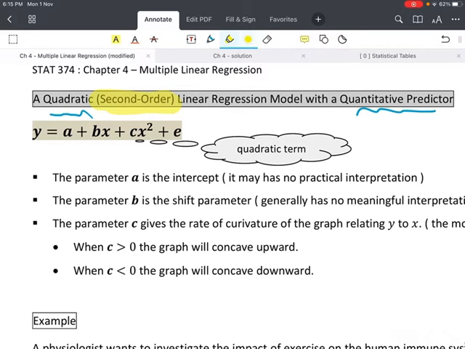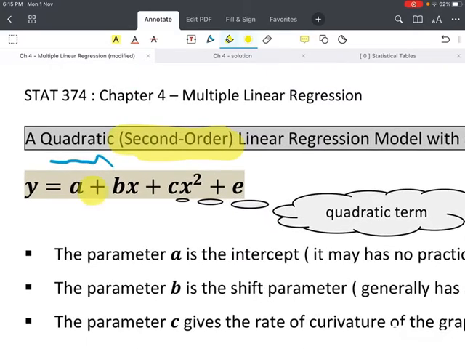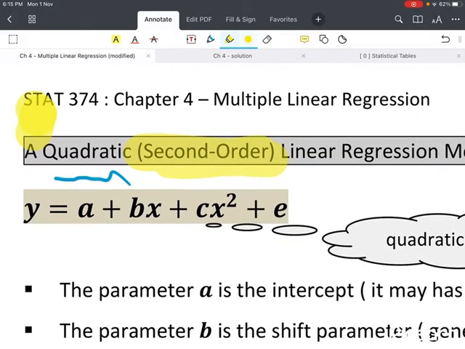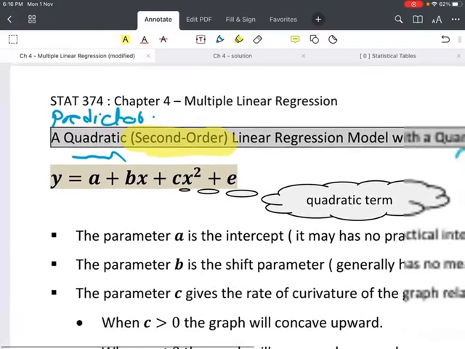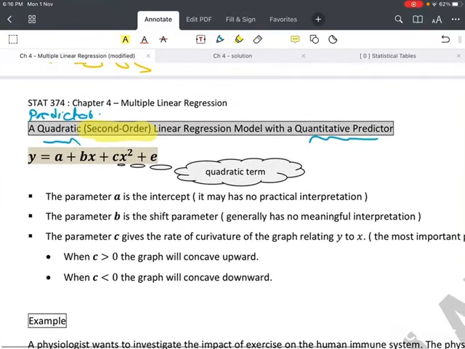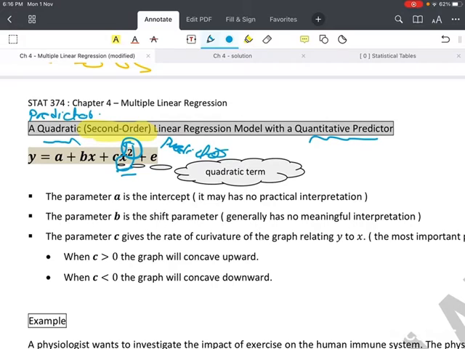The second order is only for the predictors, not for the response. So if you see this model, y equals a plus bx plus cx squared, the predictor is squared, second order.